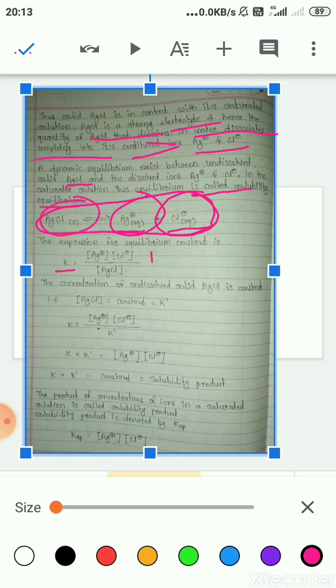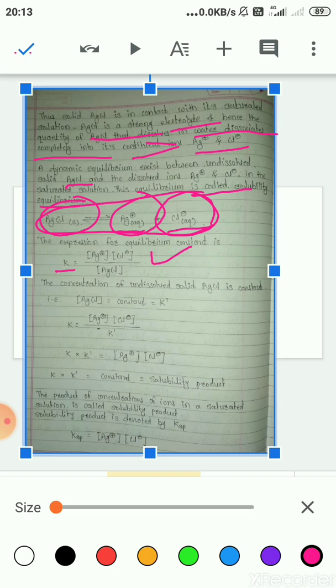Okay, so we have written here the equilibrium constant is equal to the concentration of silver ion into the concentration of chloride ion divided by the concentration of the salt, which is silver chloride.